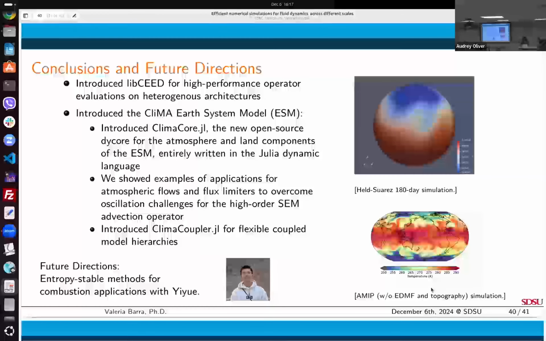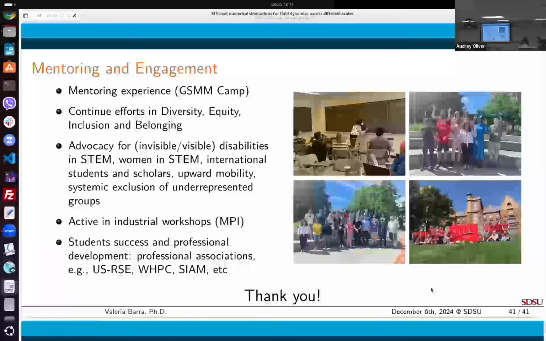I also want to point out that I do some mentoring and volunteering work, engagement. For instance, I've been a mentor at some camps for graduate students, especially in applied math and computational sciences. I'm always an advocate for invisible and visible disabilities in STEM, women in STEM, international students, upward mobility, and against systemic exclusion of underrepresented groups.